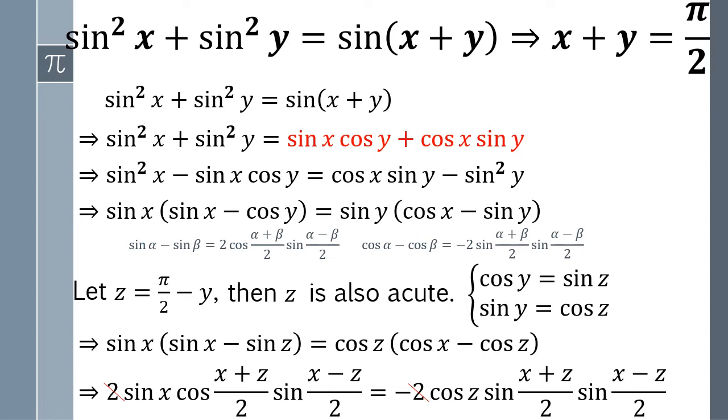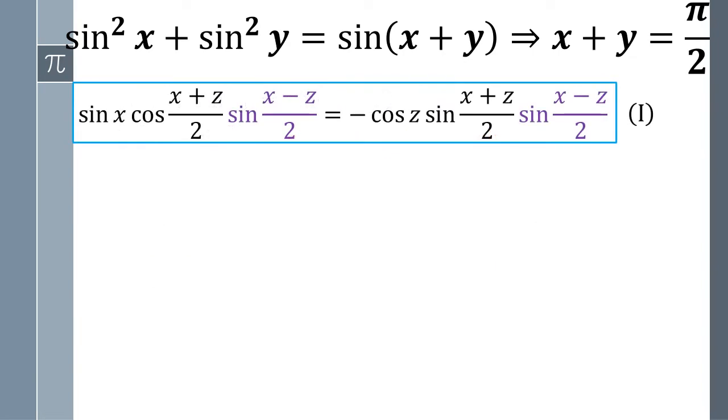Since both sides have 2, they can be cancelled out. I note that in this new equation, both sides have a common item, sin((x minus z) over 2).